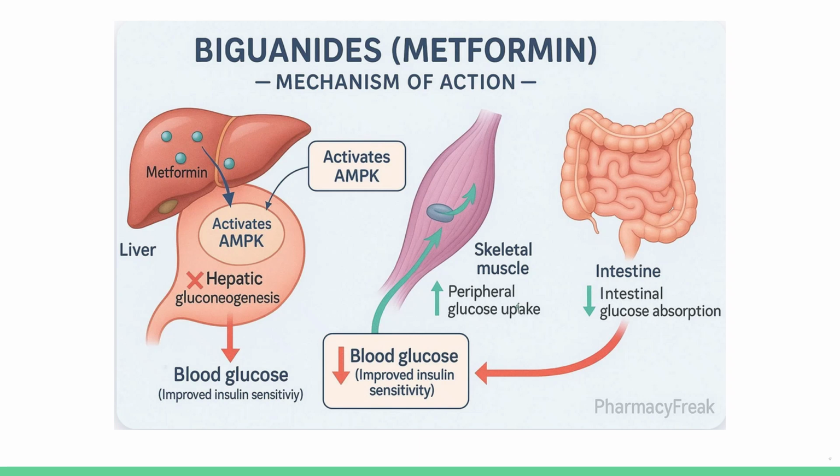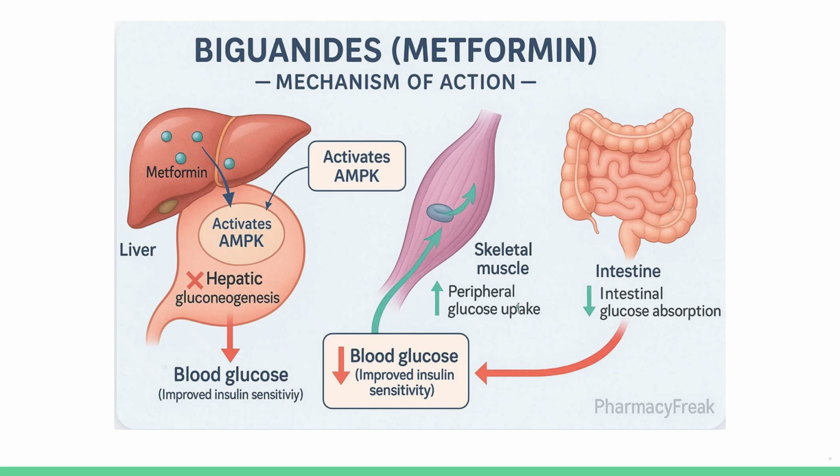Then when we are coming to the biguanides like metformin, the mechanism is mainly focusing on metformin that activates the AMP dependent kinase, and this will result in decreasing the blood glucose level, where the hepatic gluconeogenesis is also inhibited in this process.